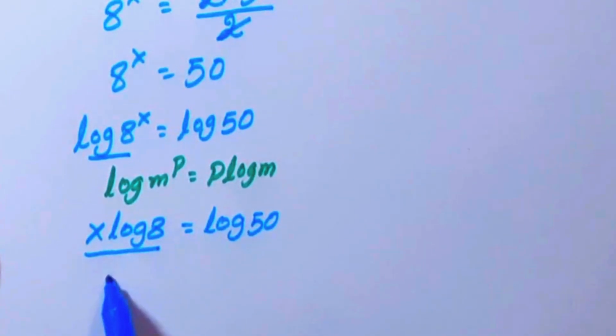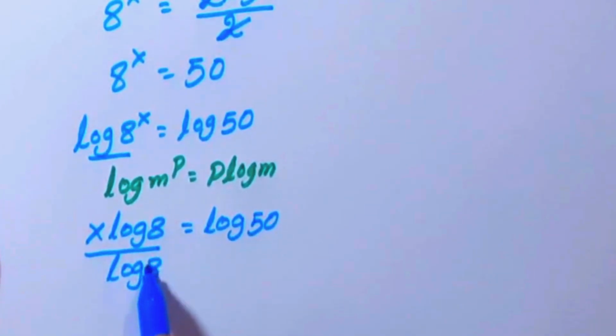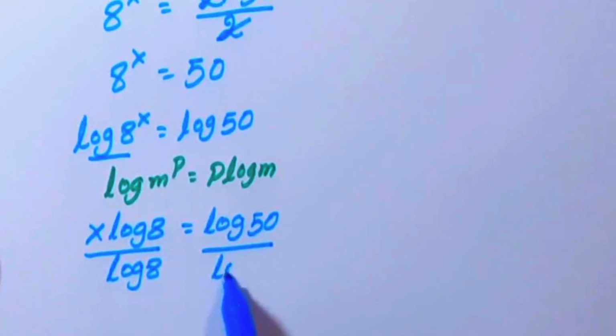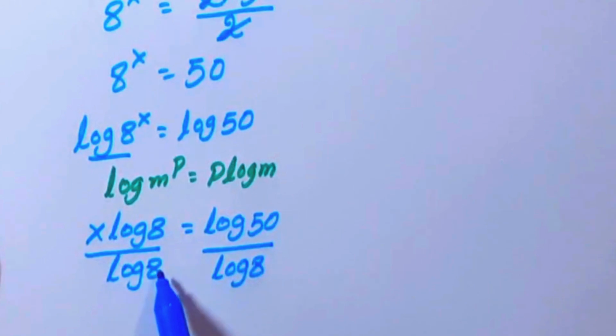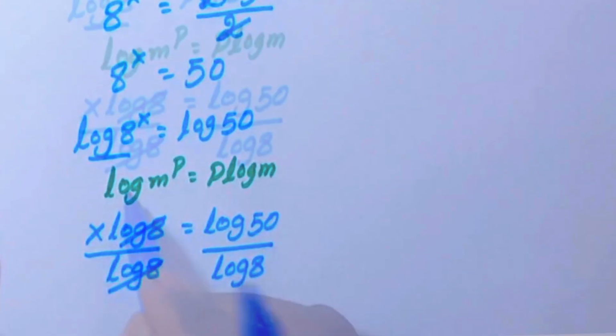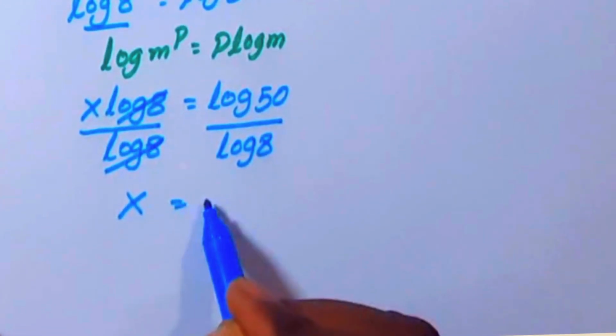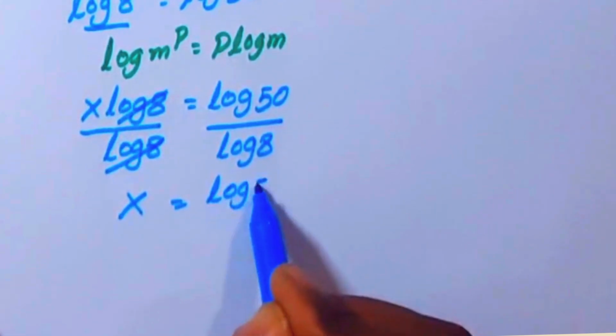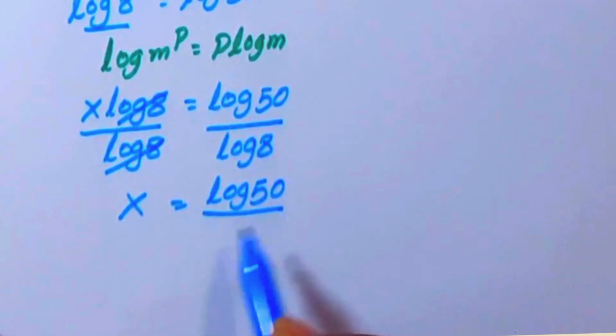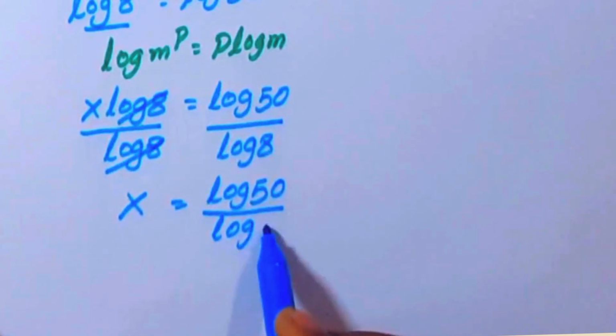Divide by log 8 on both sides. Now this log 8 cancels this. x equal to log 50 by log 8.